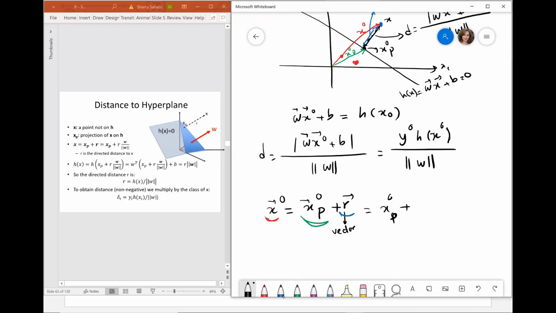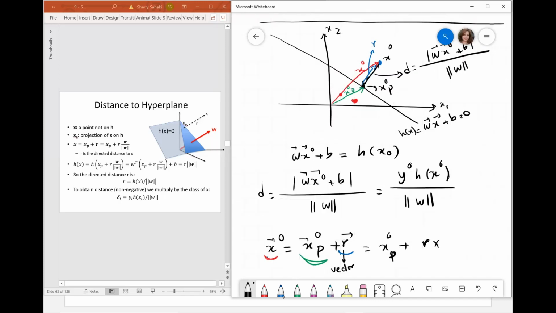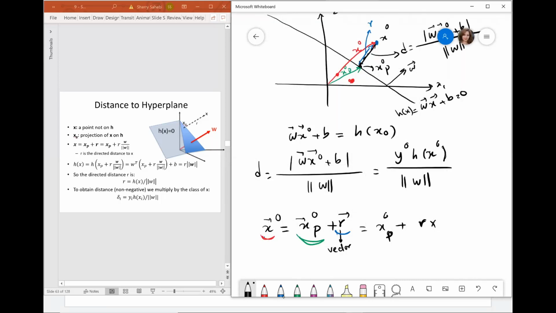It is a scalar value multiplied by the direction of w. You remember that the direction w, vector w, was a vector that was perpendicular to our line, right? So this r is in the same direction as w. What does it mean, same direction as w? How can we calculate the normalized direction of w? It's basically w vector divided by its norm, right?